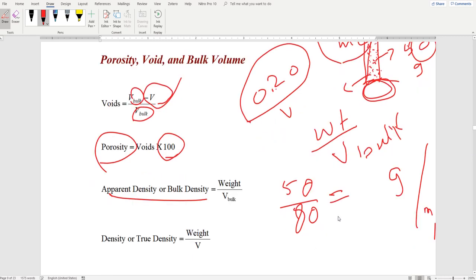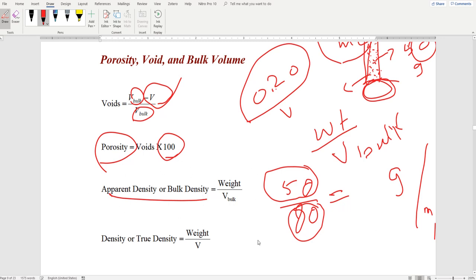The true density, so what will the true density be? Who knows? It will be the weight divided by the volume of the particle without spaces. This will be the true density. Now the true density is constant for each material. Each material has its own true density. But is the bulk or apparent density constant?